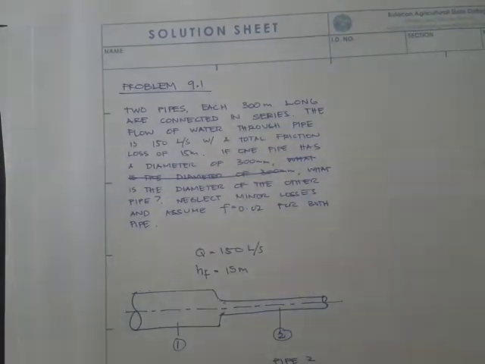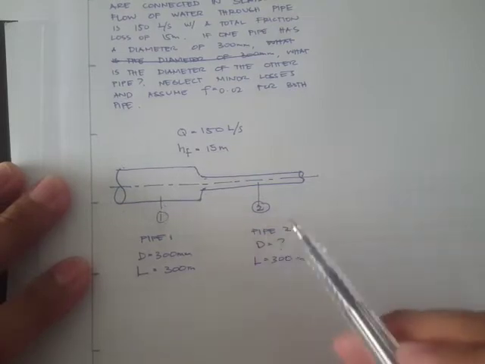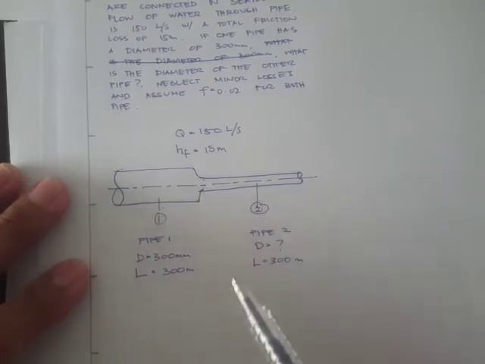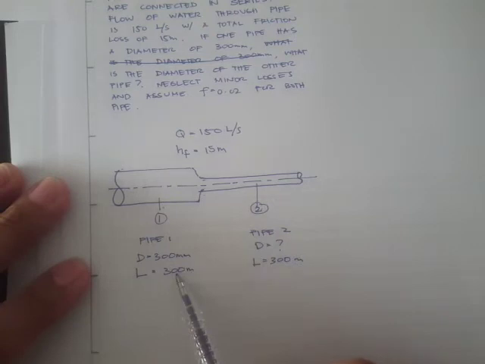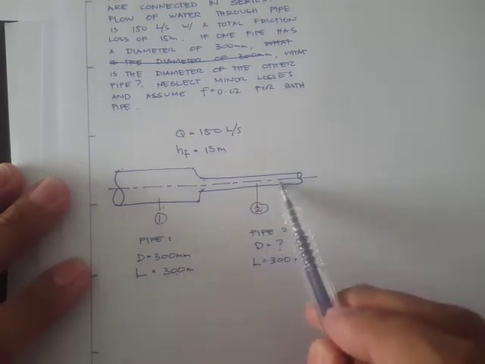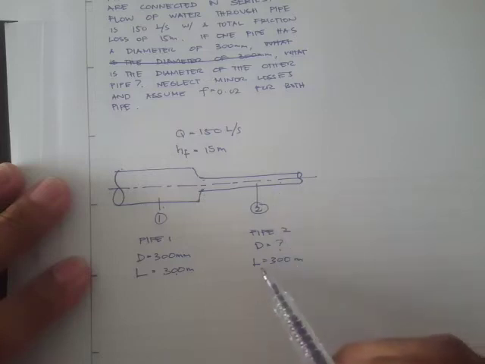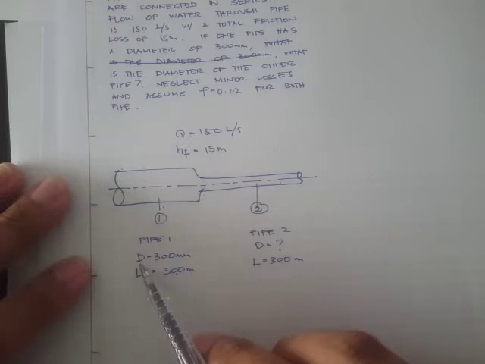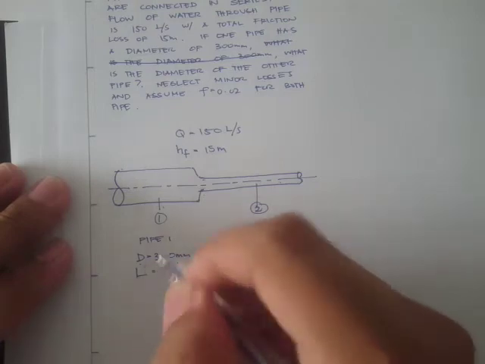Okay, so in the illustration, we have pipe number 1 and pipe number 2. Pipe 1 has a length of 300 meters, and the length of pipe 2 is also given, 300 meters. The diameter for pipe 1 is 300 millimeters, but for pipe 2, it's not given.